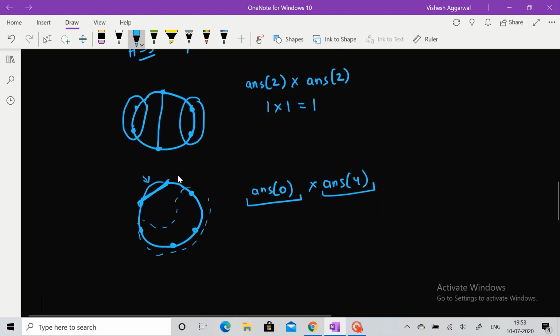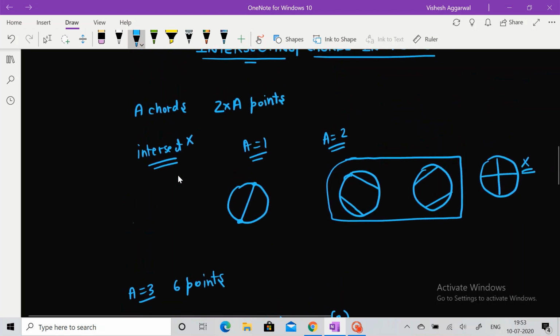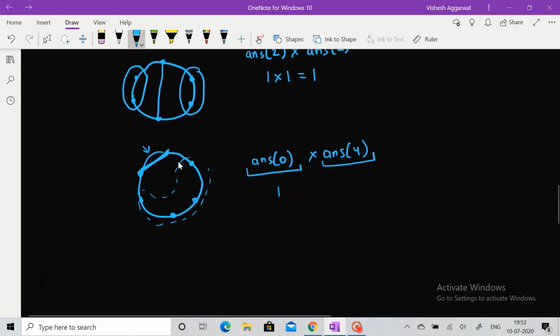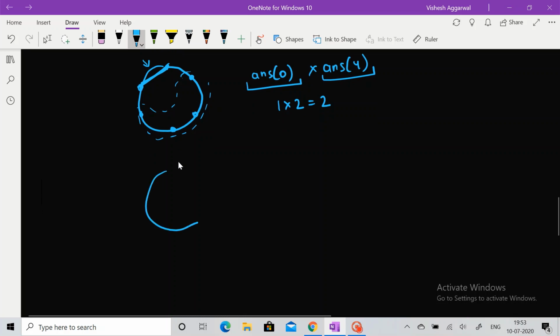And we have calculated earlier that for drawing 2 chords, or having 4 points, we get 2 ways. So the answer for this will be 1 into 2 is equal to 2 ways. Now if we join these 2 points initially, then what will be the answer? It will be the answer of 4 points from the left side and the answer of 0 from the right side. So the answer for this case will be 2.